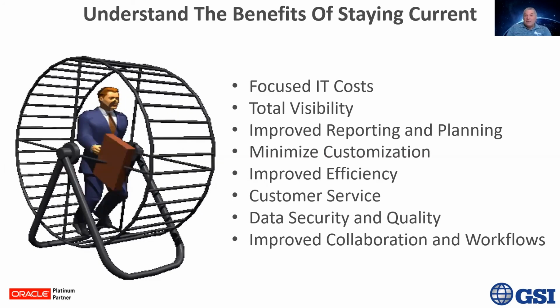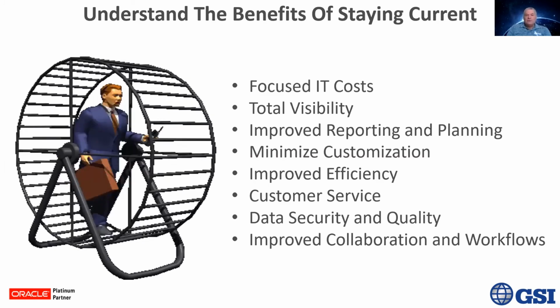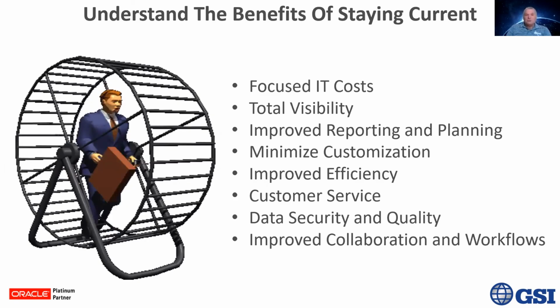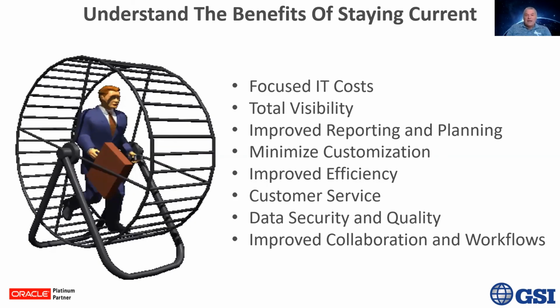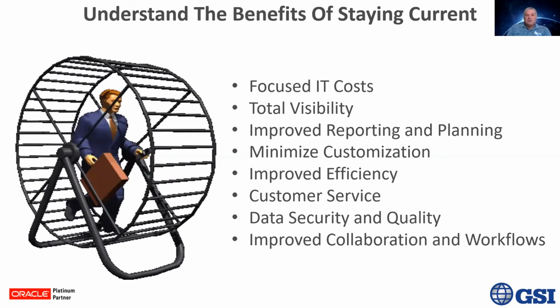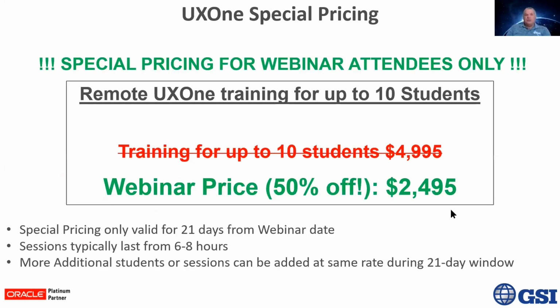You're taking advantage of security and quality of the software, and you're improving the collaboration, not only internally in your organization with a single source of truth, but you're improving that collaboration and workflow to your vendors and your customers. With Orchestrator and REST services, you can get real-time ordering, real-time information back and forth. So I just scratched the surface of what you can do.